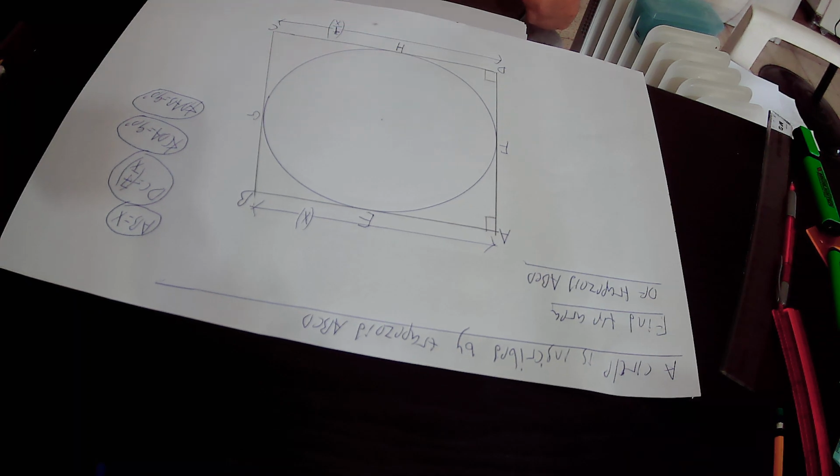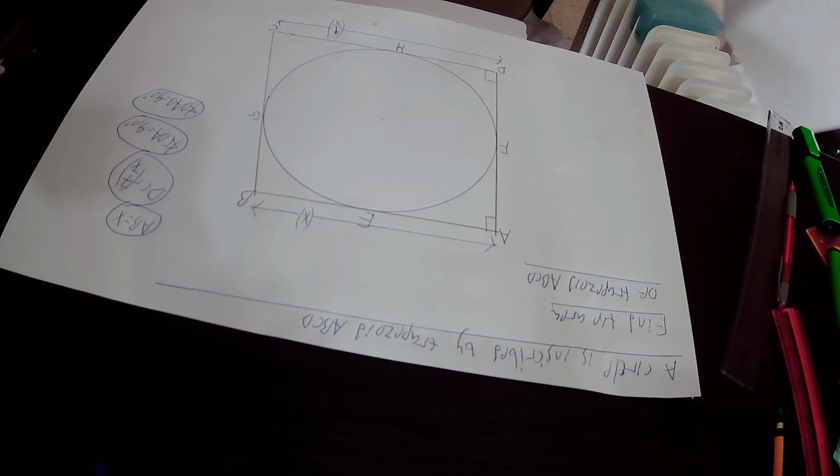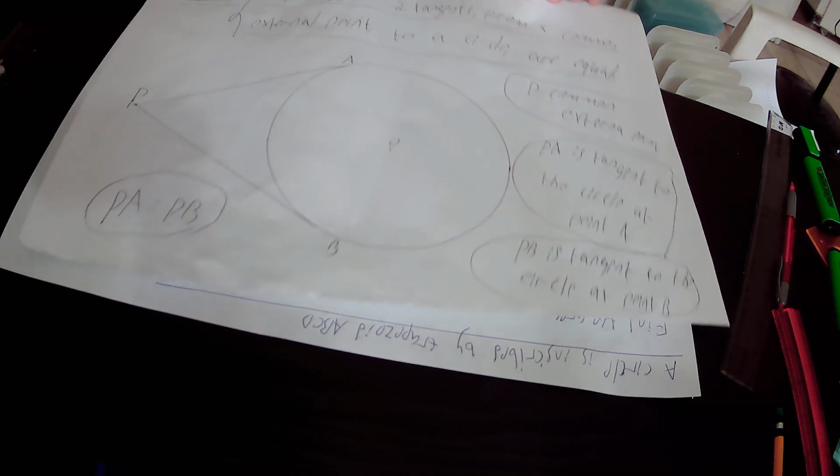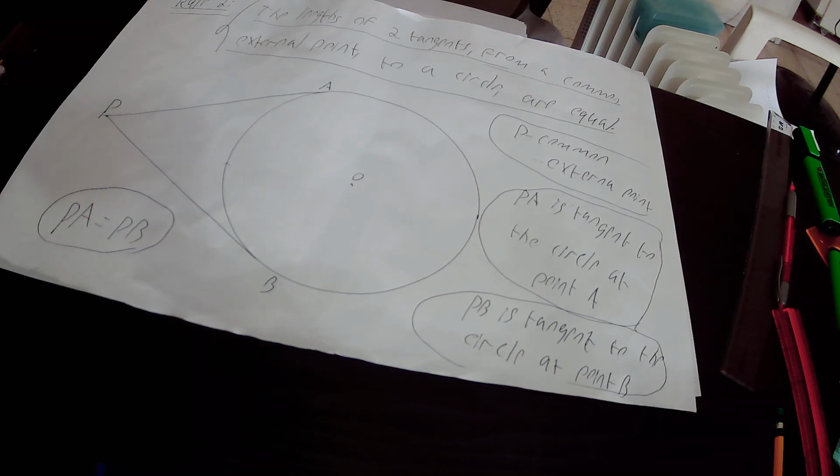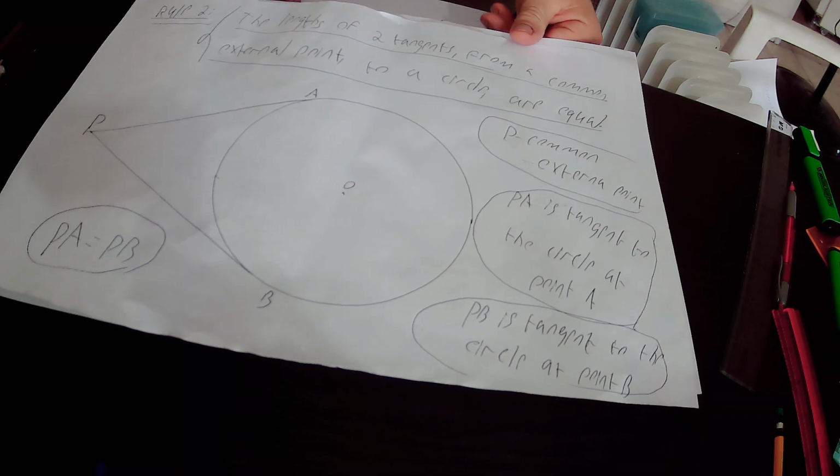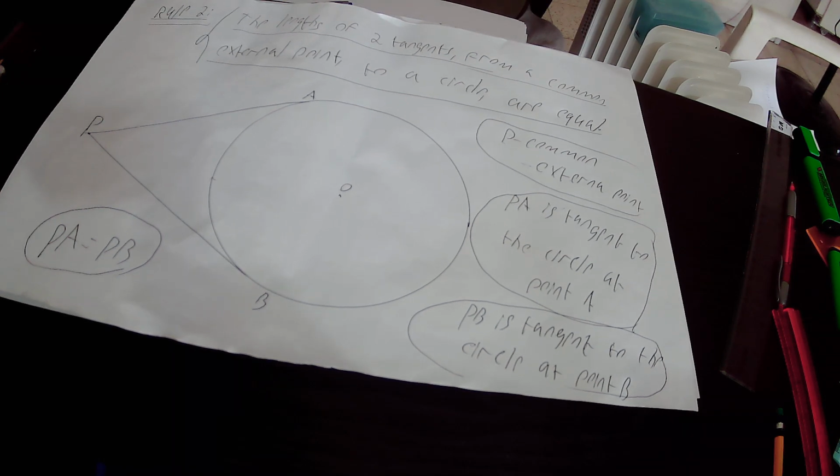So here we can implement rule 2. I'll repeat quickly on rule 2. According to rule 2, the lengths of two tangents from a common external point to a circle are equal. So in the drawing we have a circle, and this is the common external point, point P. From this point P, we have two tangents to this circle, tangent PA and tangent PB.